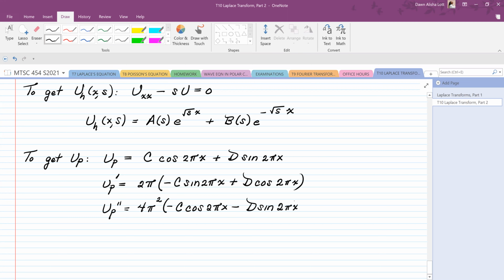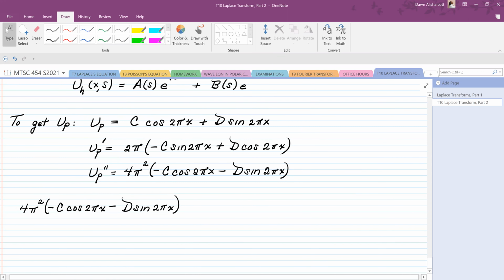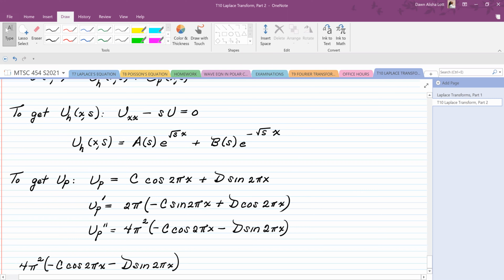So let's put it into the equation. I have u particular double prime, that's going to give me 4 pi squared minus c, the cosine of 2 pi x, minus d, the sine of 2 pi x. And then I have, gotta remember, I think it's minus s.